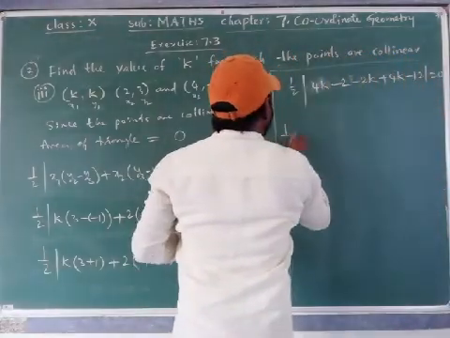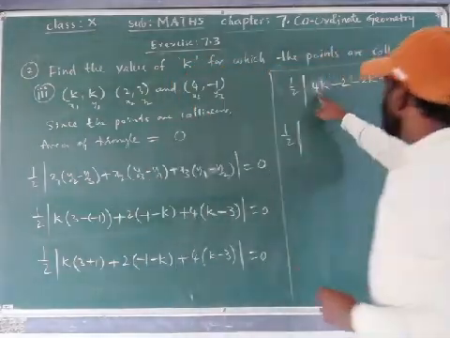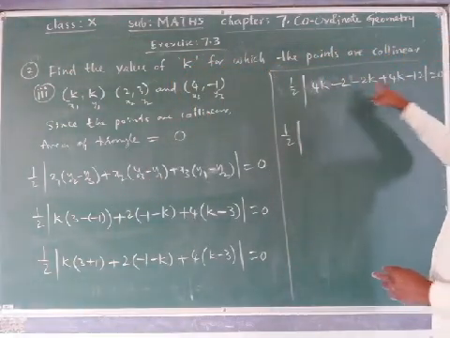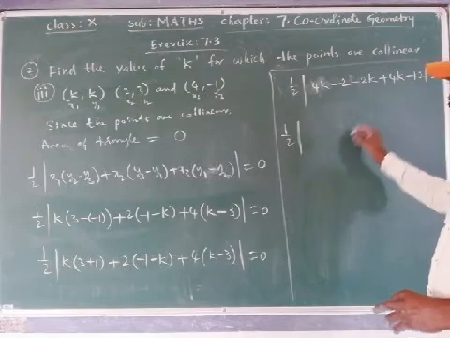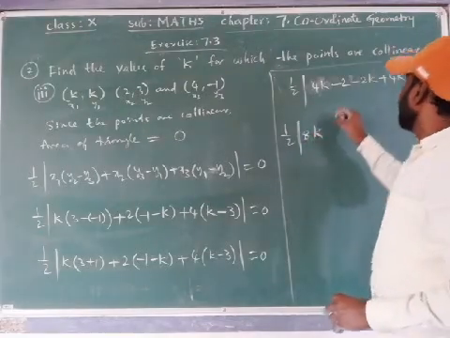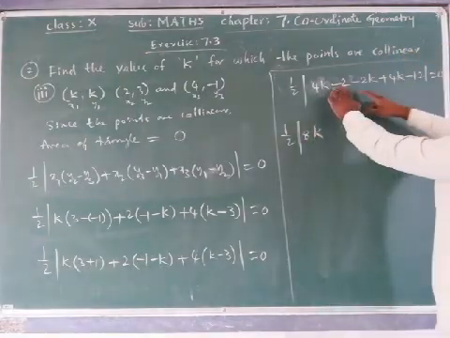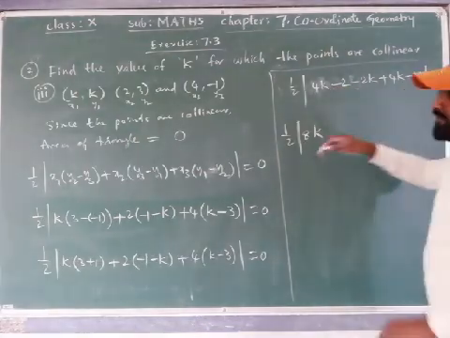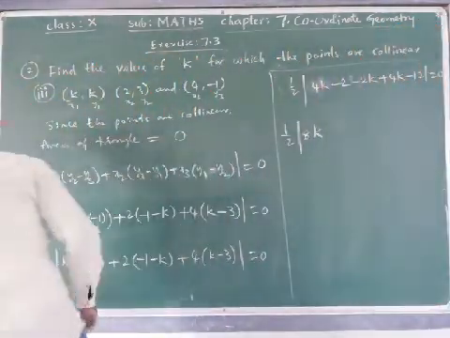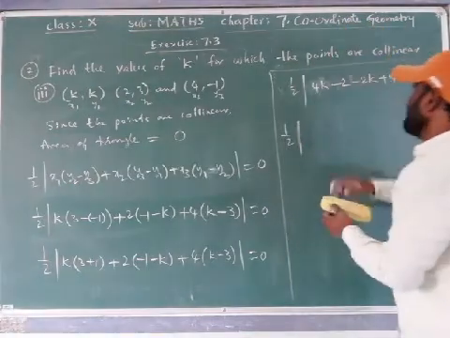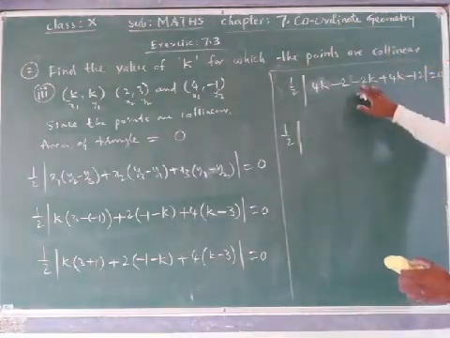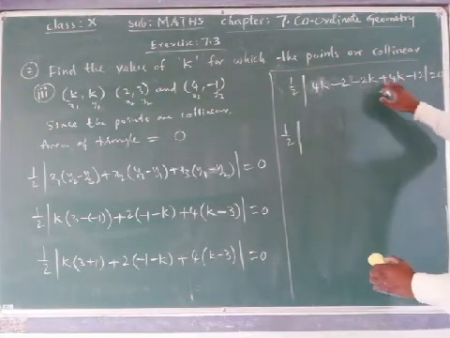Next. Half into, in the bracket, here 4k, here 4k. Both are plus plus. Plus 4k plus 4k, it is 8k. Next, minus 2 and again one more k is there. There are 3 k terms. Look at it carefully. 4k minus 2k, it is 2k. 2k plus 4k.